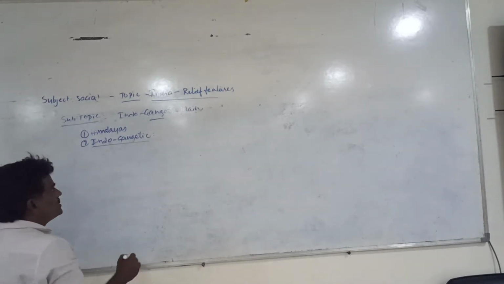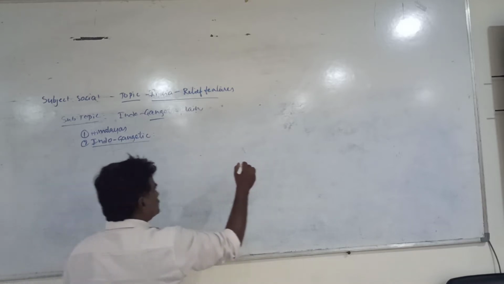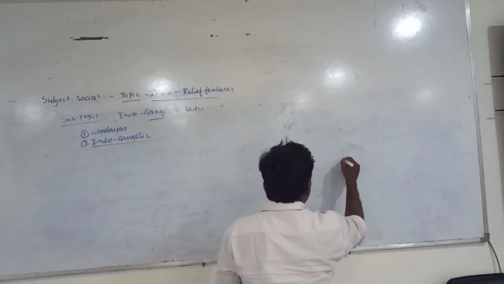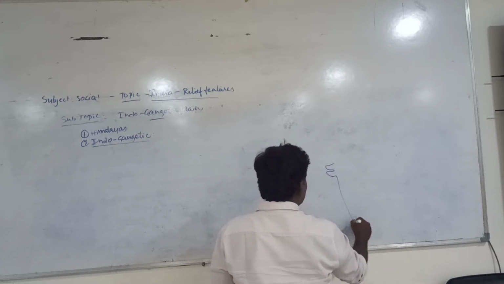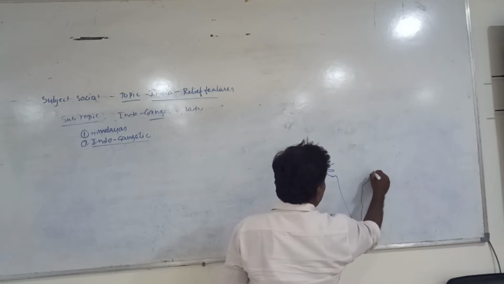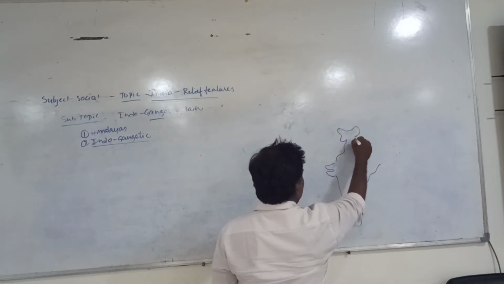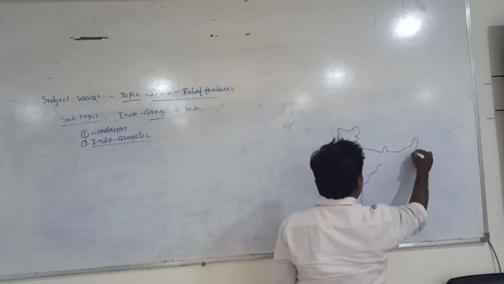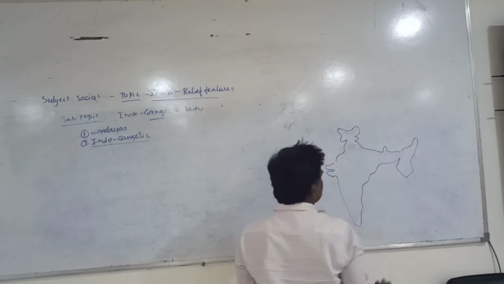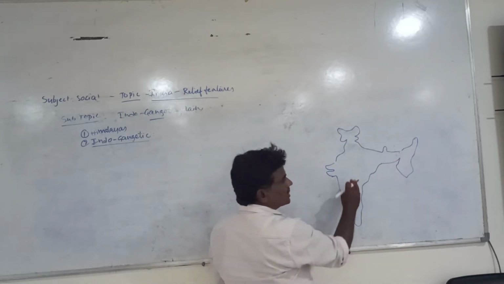Just look at India. The land consists of 6 major physical divisions.